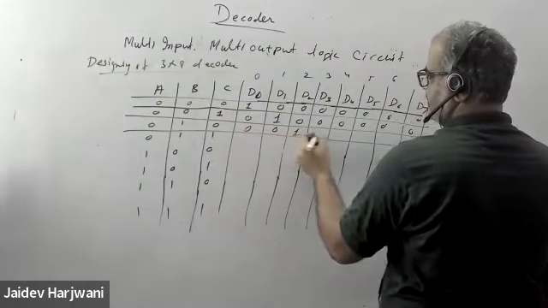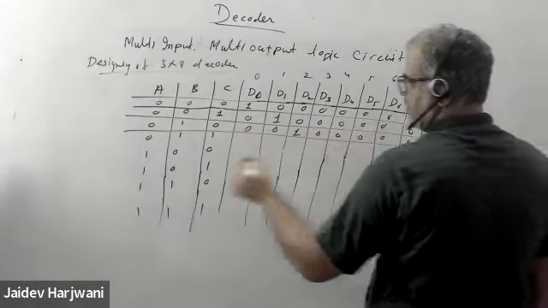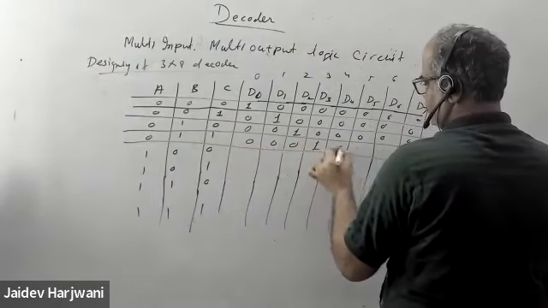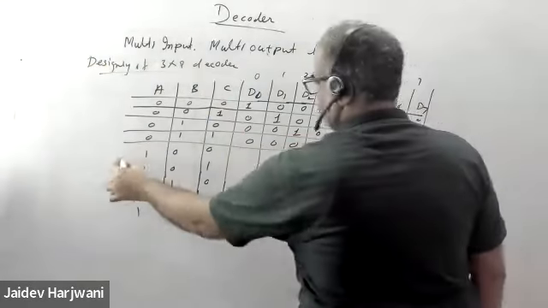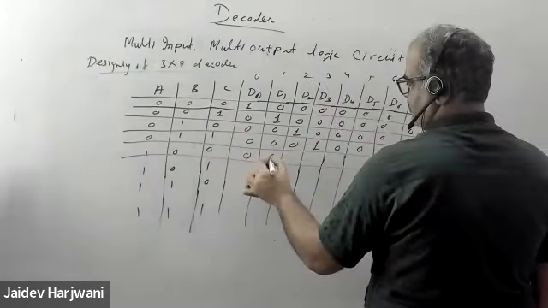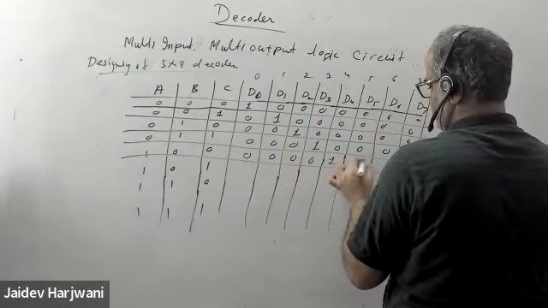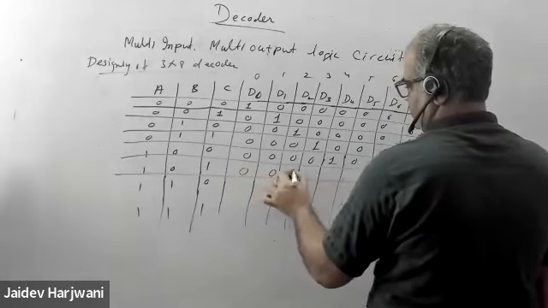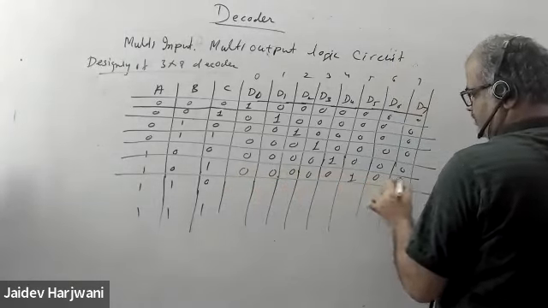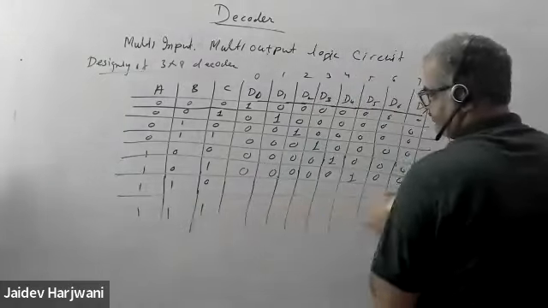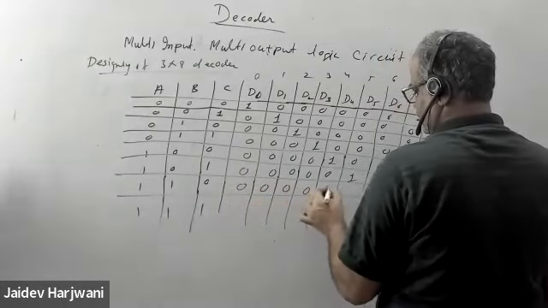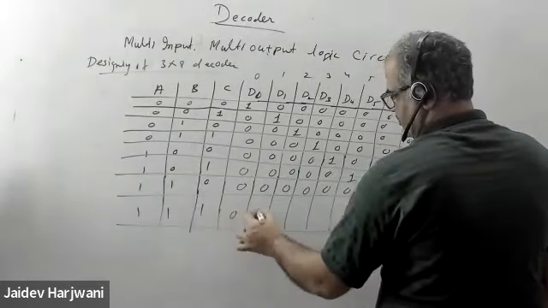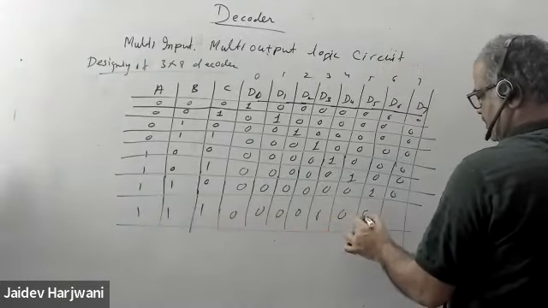The rows are: 1 0 0 0 0 0 0 0, 0 1 0 0 0 0 0 0, 0 0 1 0 0 0 0 0, 0 0 0 1 0 0 0 0, 0 0 0 0 1 0 0 0, 0 0 0 0 0 1 0 0, and for this one 0 0 0 0 0 0 1.